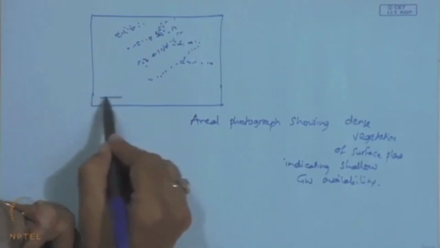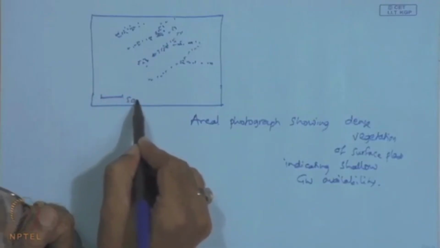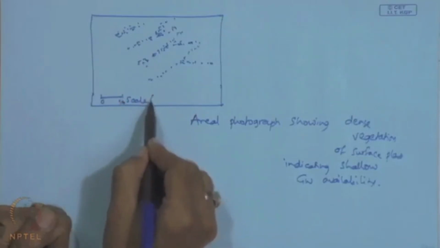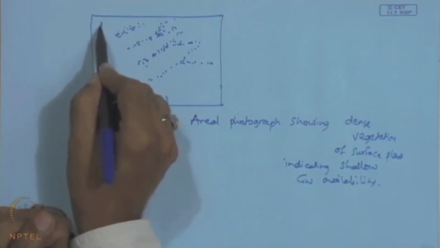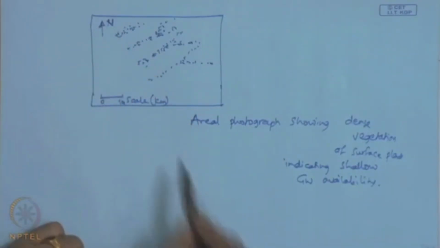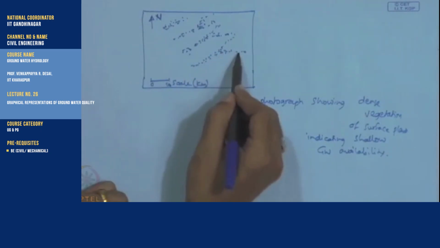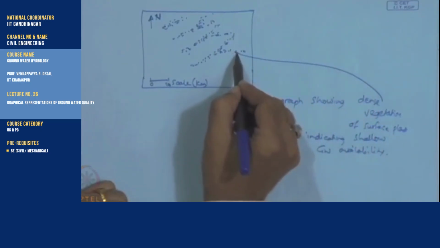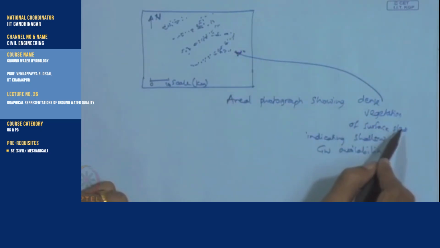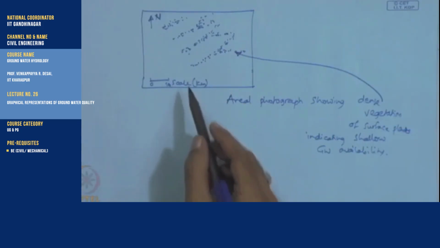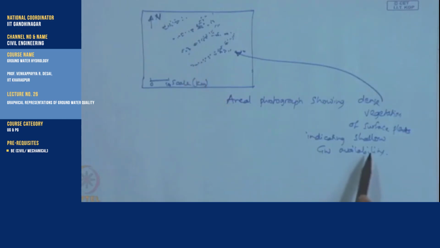Here this could be the scale, maybe in kilometers, and this could be the north direction. By identifying this dense vegetation of surface plants or phreatophytes, we can conclude that there is shallow groundwater availability in that area.